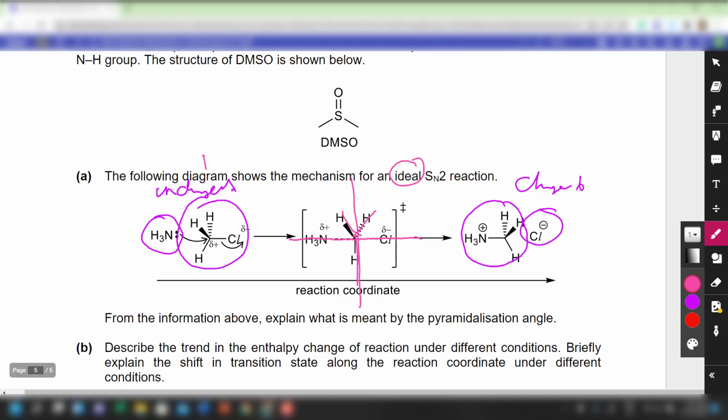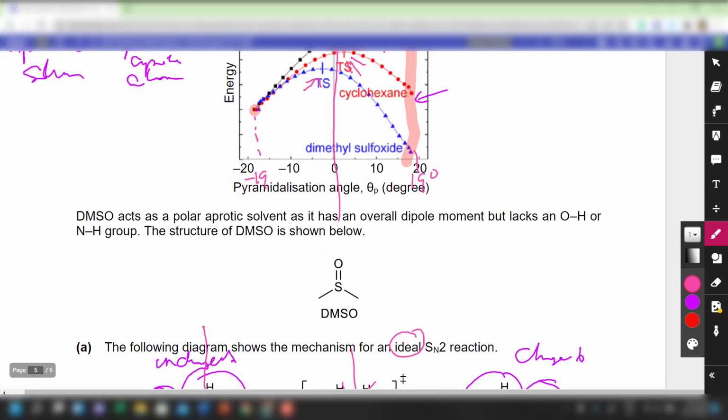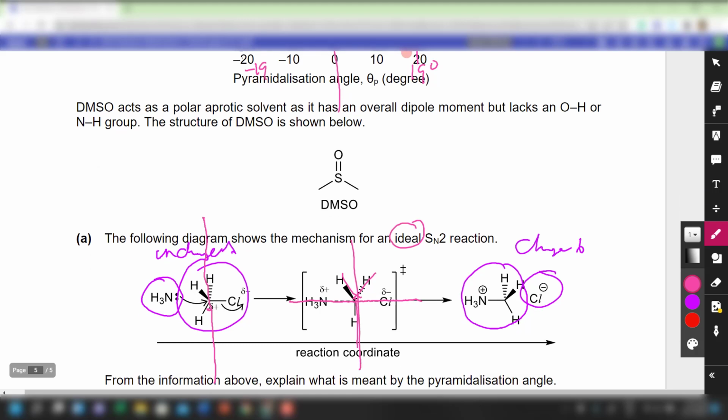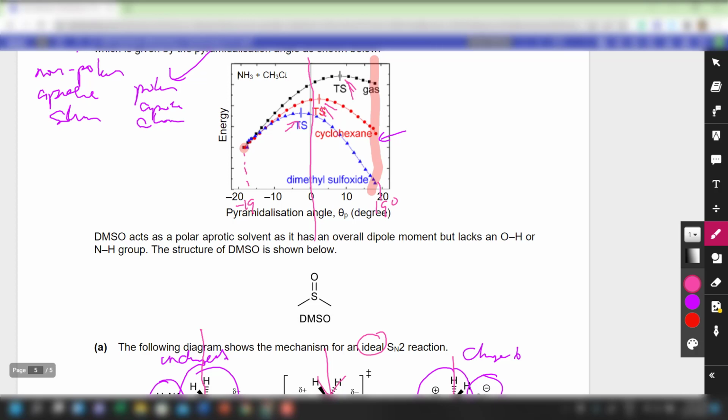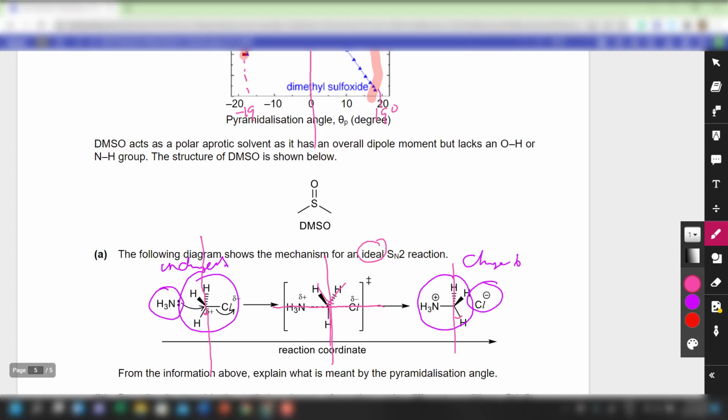But in our case, let's say we draw it in, it is distorted by a little bit. This distortion, as reflected here, is about minus 19 degrees, and then of course the product is plus 19. With that little bit of understanding, you can suggest what the pyramidalization angle is. Some of you actually wrote quite interesting things. You were trying to discuss how the nucleophile attack causes the leaving group bond to be distorted.